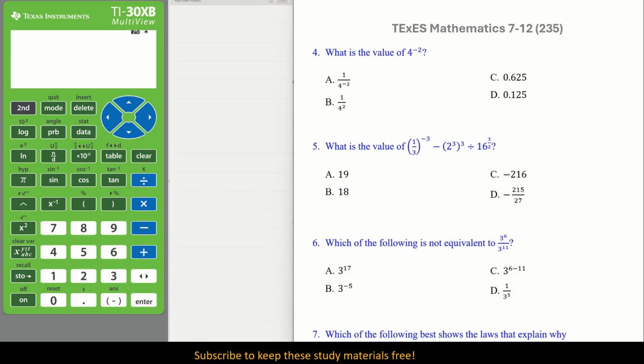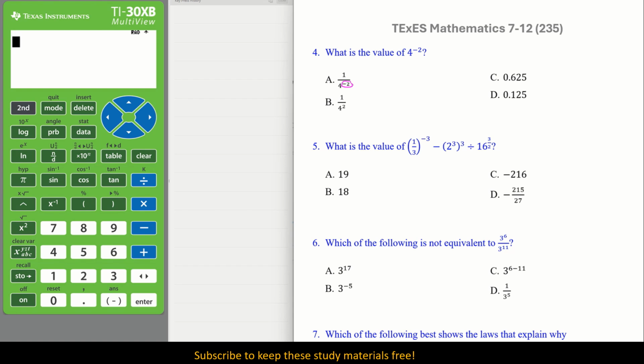Number 4, what is the value of 4 to the negative 2 power? Well, we can either put them all in the calculator or we can look at the rules or both. A does not satisfy the rule because when you create the fraction, it actually would be positive.